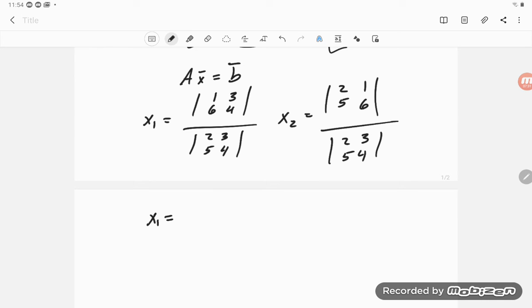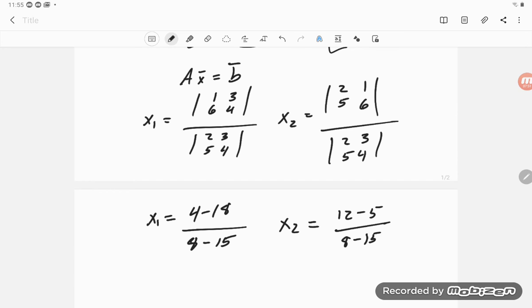So x1 is equal to 4 minus 18 divided by 8 minus 15, and x2 is equal to 12 minus 5 divided by 8 minus 15.